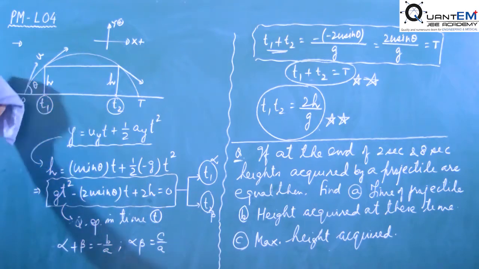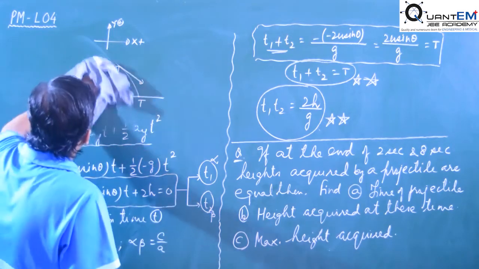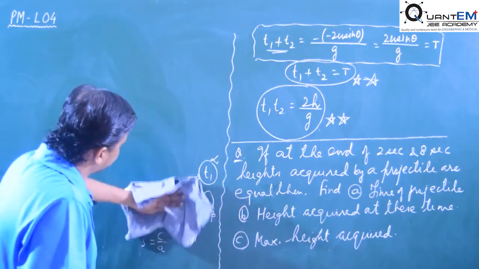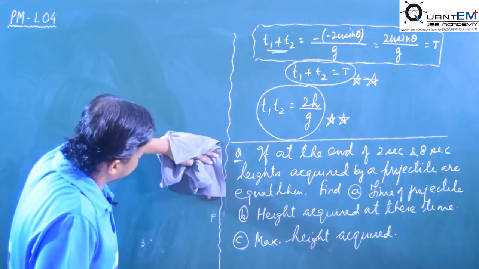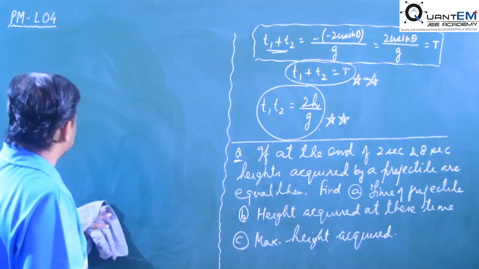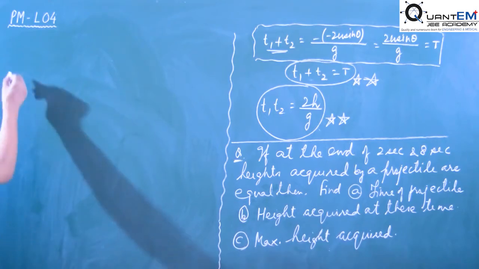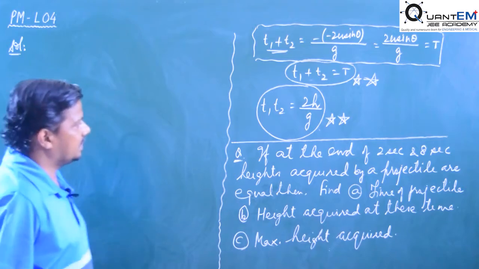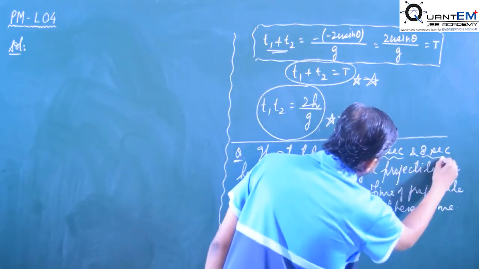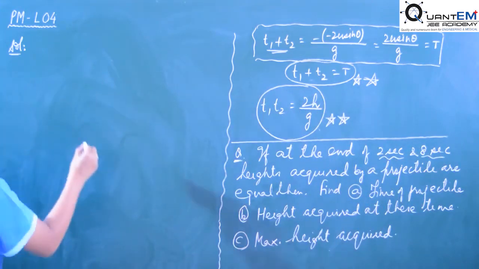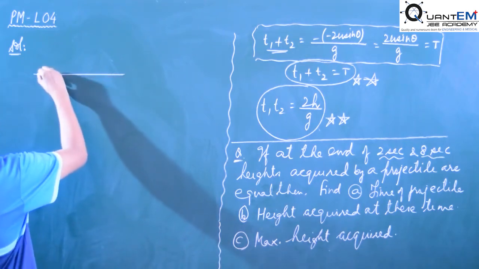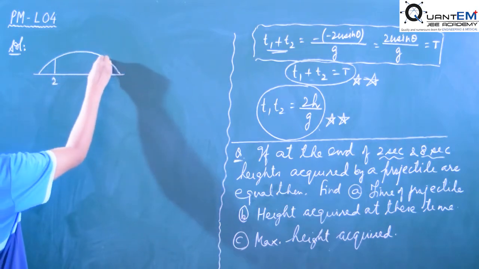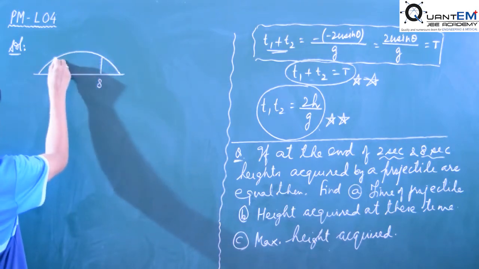So we come to the solution. See, at the end of 2 second and 8 second, a projectile acquires equal heights.